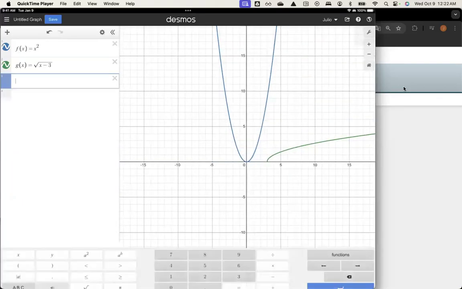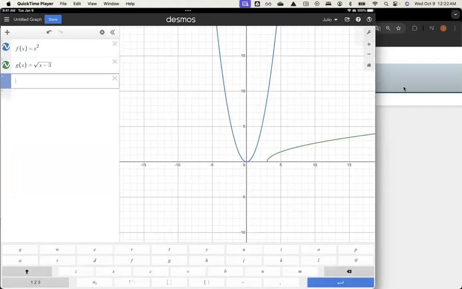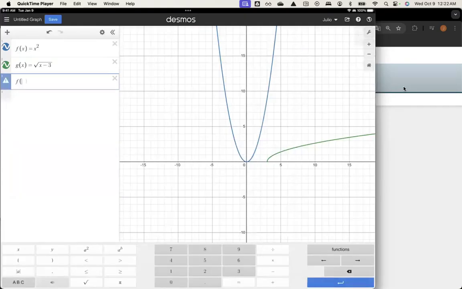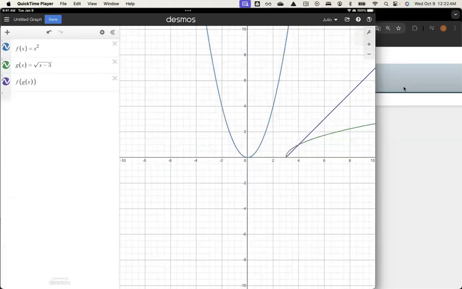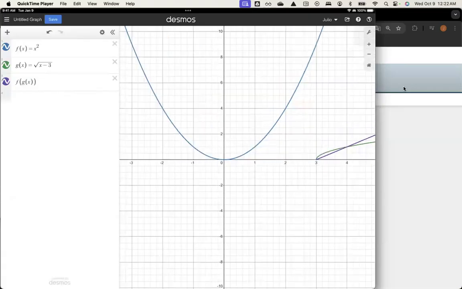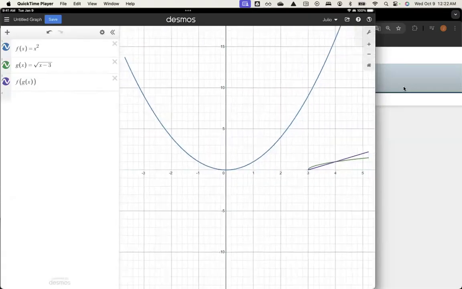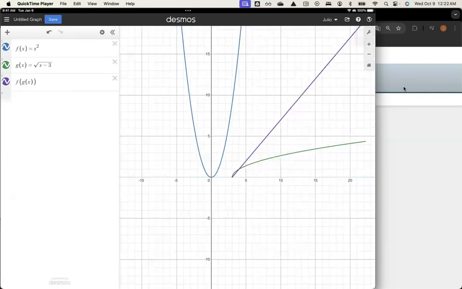That's the question. So let's find the composition just by using f of g of x. The domain seems to be 3 to infinity.